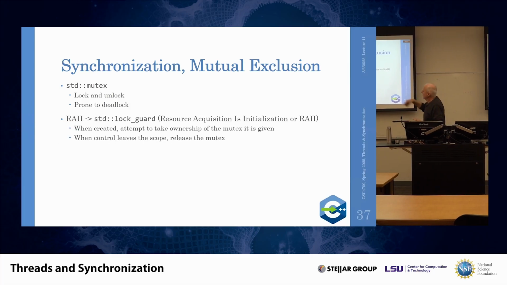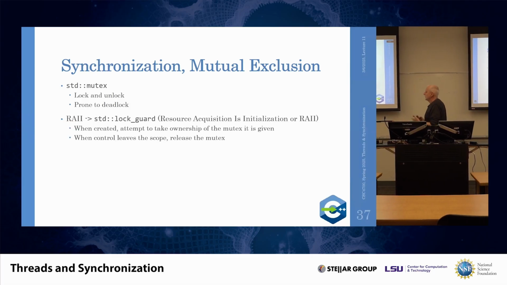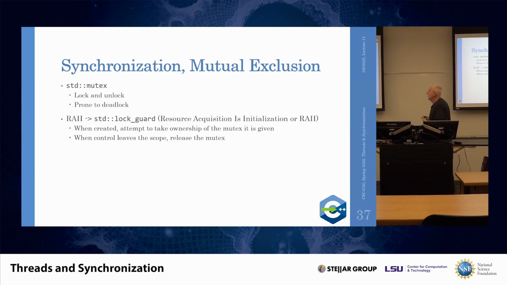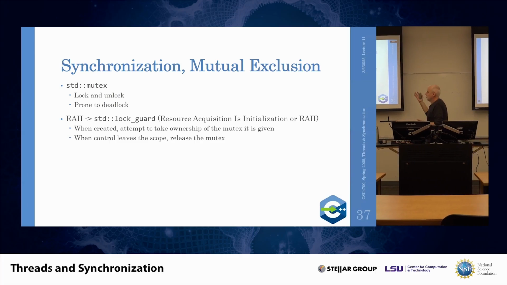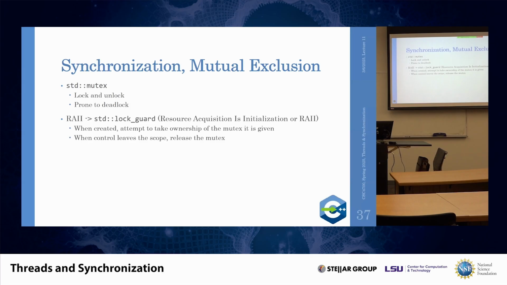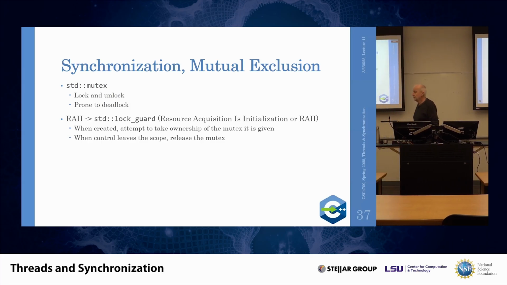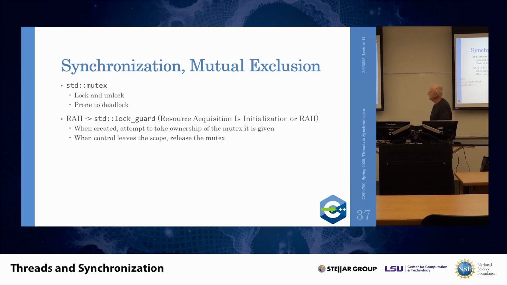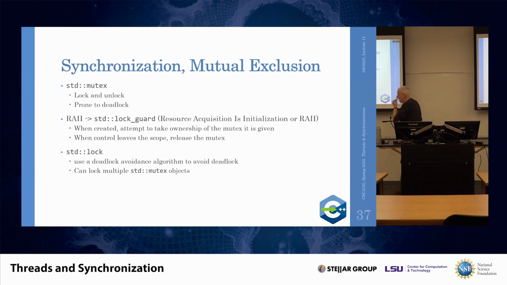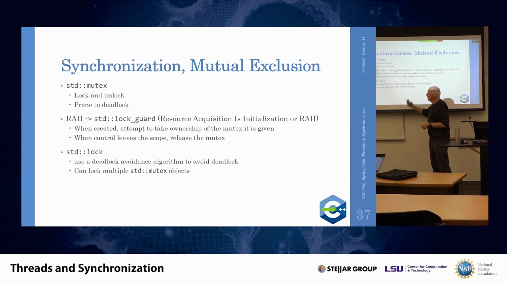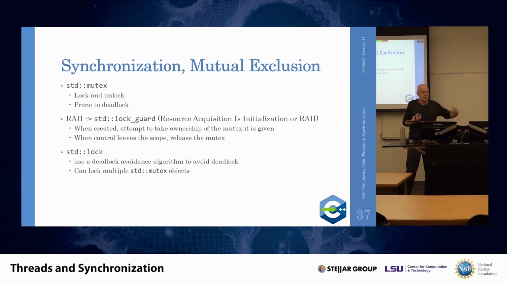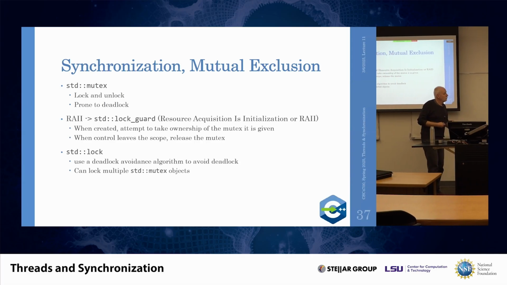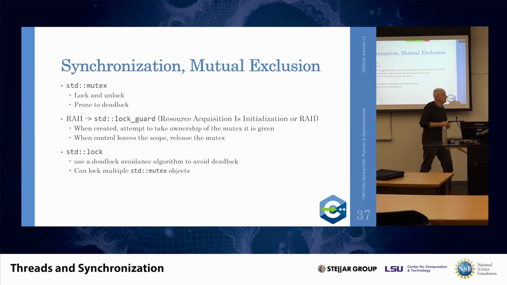One facility to avoid the first problem, that things are never left locked, is the lock guard, which when created takes the ownership of the mutex, and when destroyed, when it leaves the scope, definitely and guaranteed releases the mutex. And the other one, and we will not elaborate on that, is a facility in the standard called standard lock, which allows you to guarantee that the sequence of acquisition of several locks is always the same, and you will never run into deadlocks there.